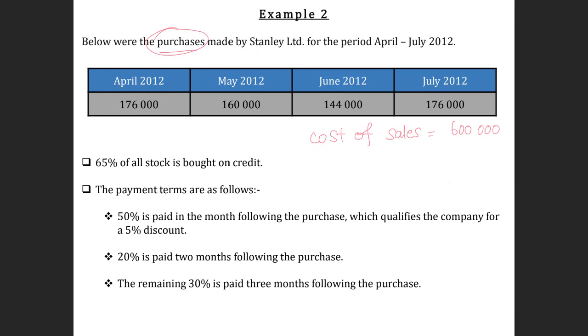So they would say maybe 40% of your cost of sales is made up of purchases. You would first need to work out the amount that is purchases, so you would take the 600,000 and work out 40% of that, and that would be your total purchases. So let's work this out.